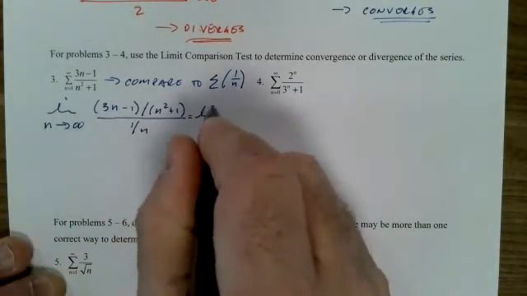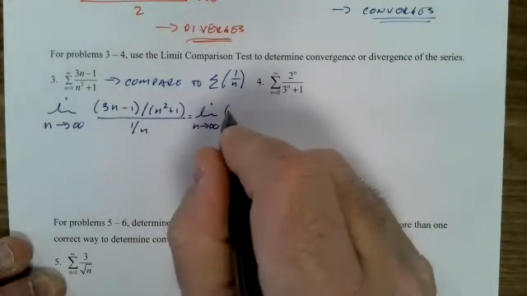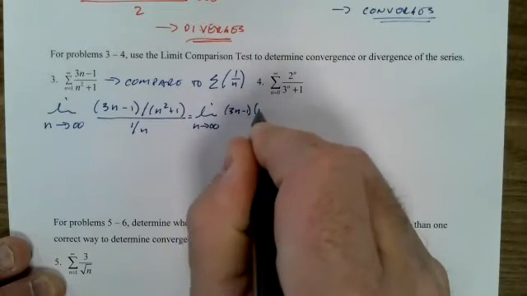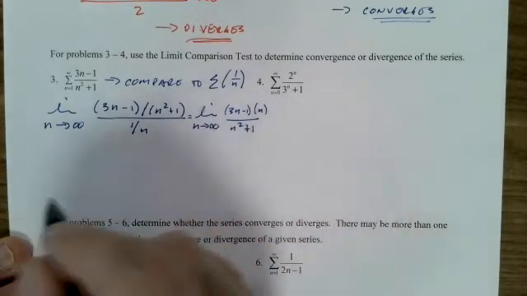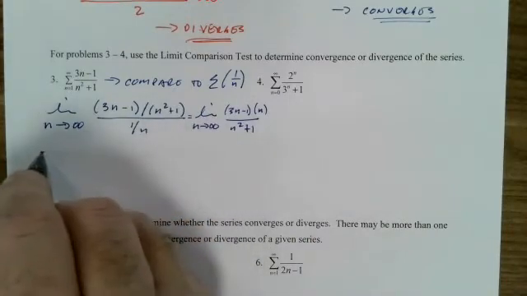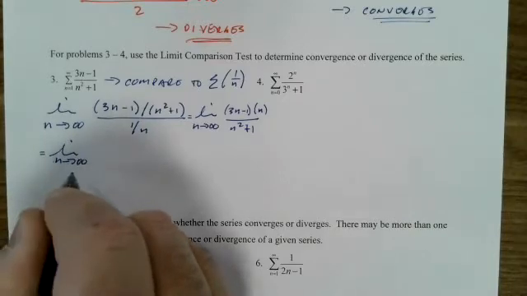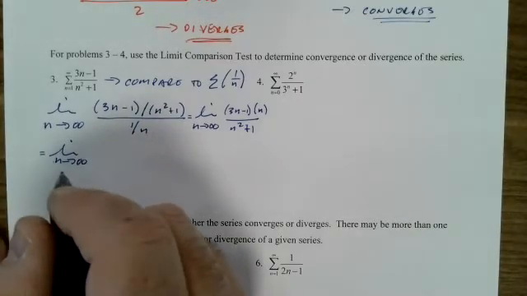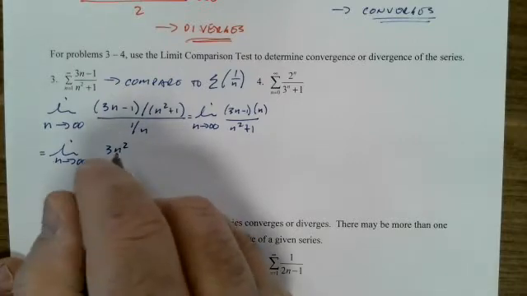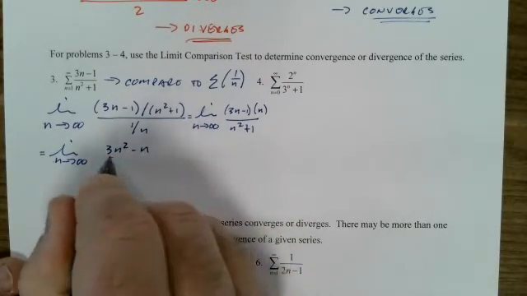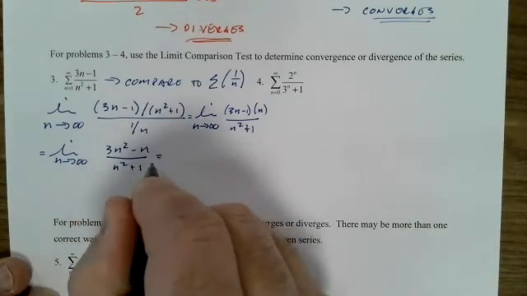This is limit as n goes to infinity of 3n minus 1 times n over n squared plus 1, which is 3n squared minus n over n squared plus 1.